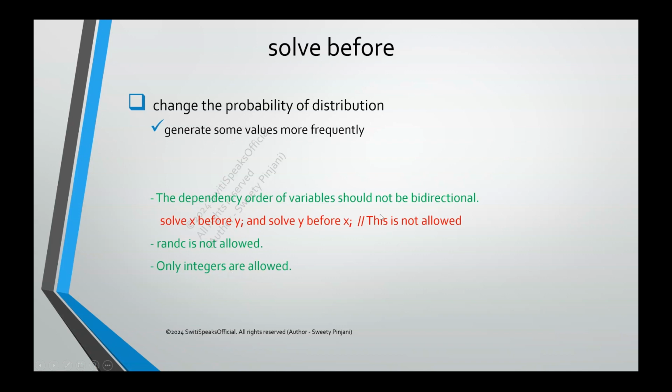These are very important points which a lot of people don't even go through. So I request you to also take care of these important points: randc is not allowed, only integer values are allowed, and you can't use x before y and y before x together. Now let's understand solve before with the help of an example.